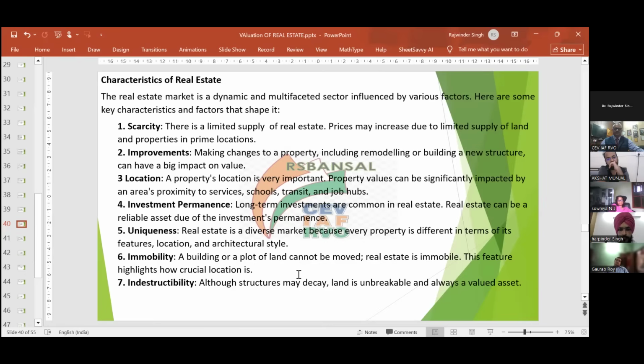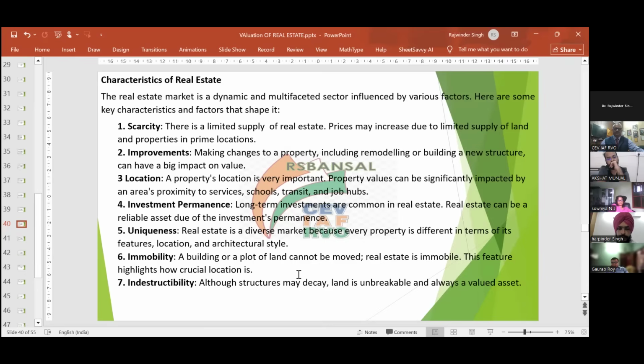Then location. This is especially important in case of real estate. Depending upon the location, property's location is very important. If it is located in a posh area with the best amenities available, it will have higher value.